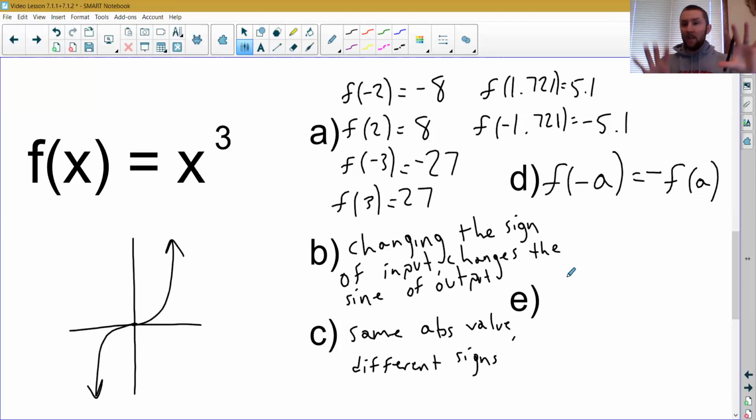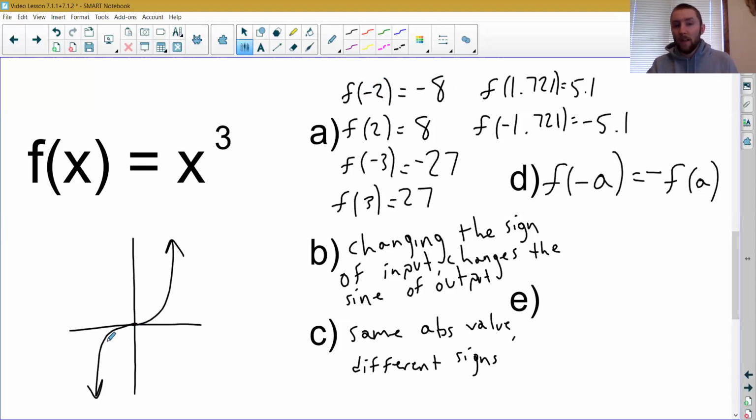If you put in a positive and negative of the same number into the function, you should get a positive and negative version of the same number as outputs, okay? Now, in this particular case, we got negatives when we put in negatives and positives when we put in positives, but that's not always true, okay?